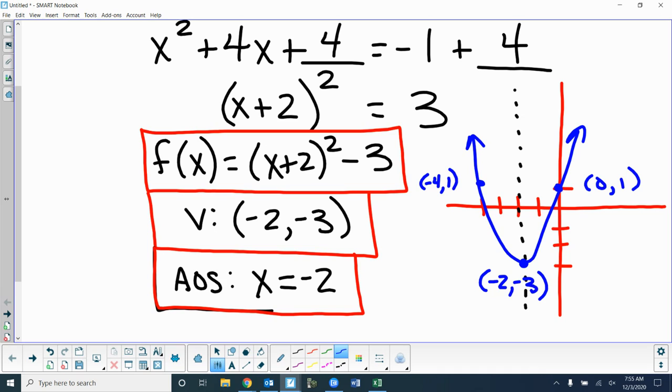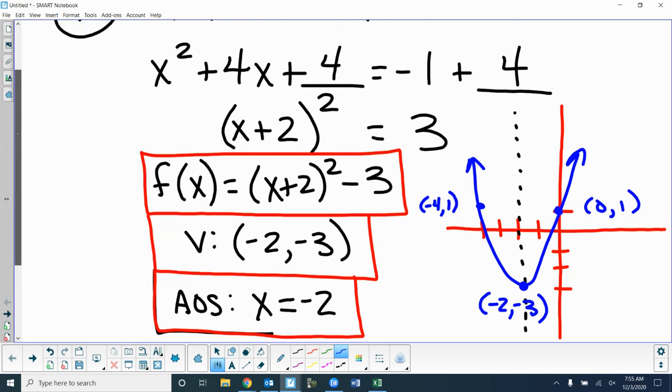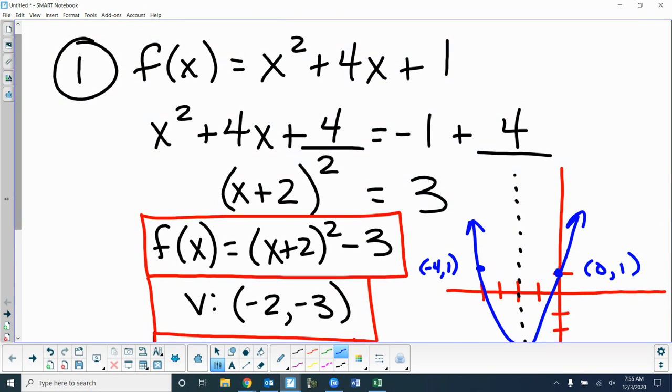Wait, I'm confused. For 0, 1, so this -1 was the y? Looking up at the original problem, this number is always, when it's in standard form, the y-intercept. Okay? Any other questions?